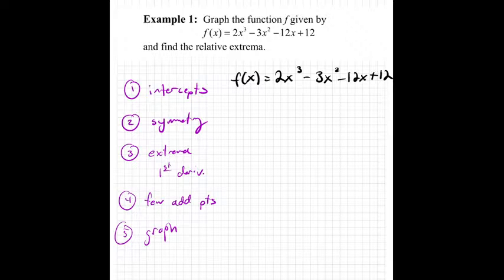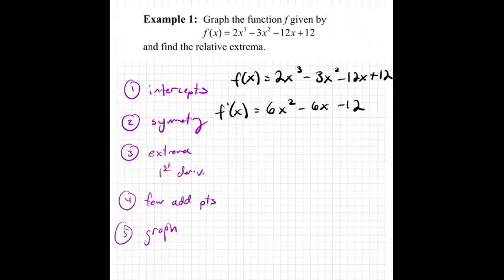So if we consider f prime of x, that's going to be what? 6x squared minus 6x minus 12, right? That's the derivative. So then if we set that to 0 and solve, that's going to be like a parabola. So it's never going to be undefined. So we're not going to be able to do that second condition.